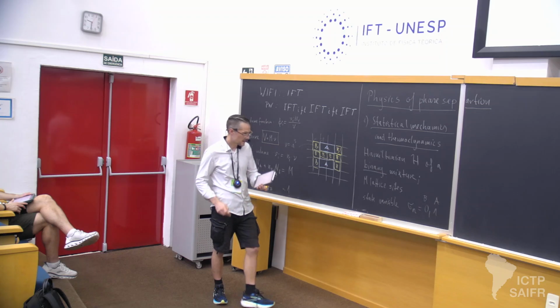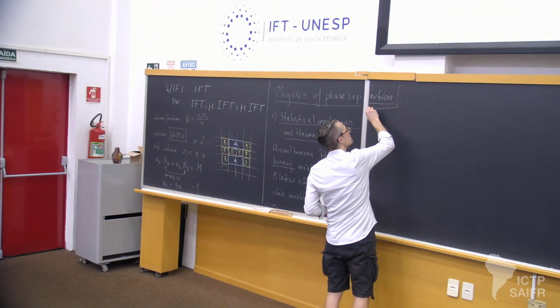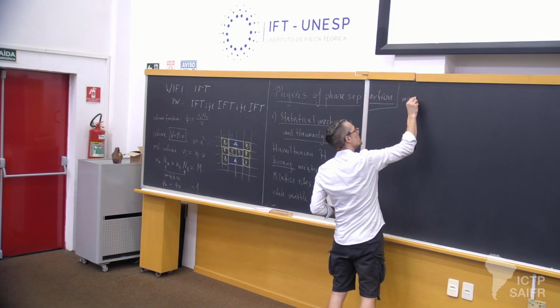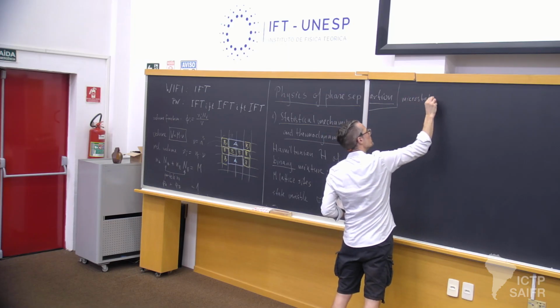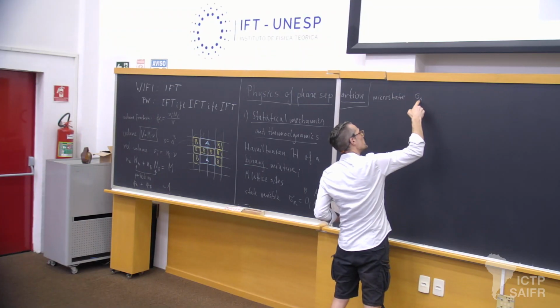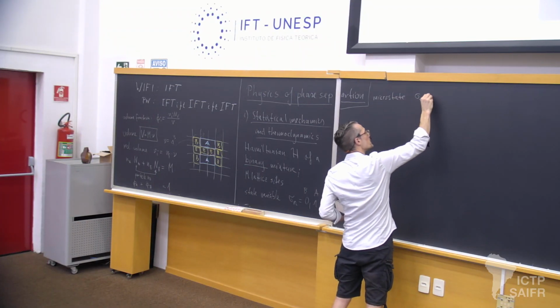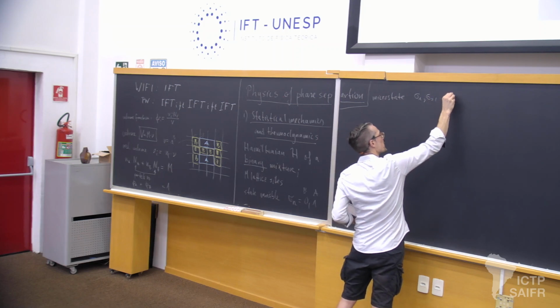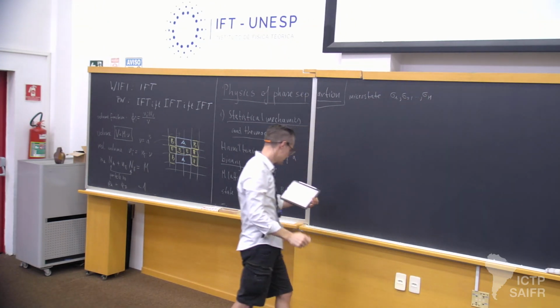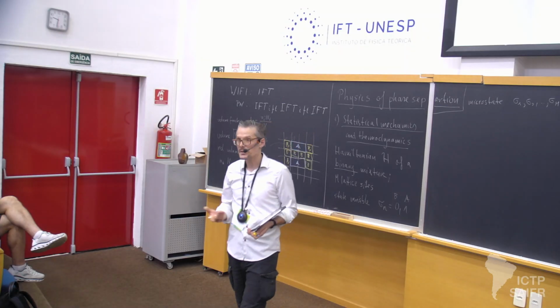We can then define a microstate on the lattice, which is simply sigma_1, sigma_2, up to sigma_M, because we have M lattice sites. And because we do discrete mechanics, we have to, in the end, calculate a partition function.